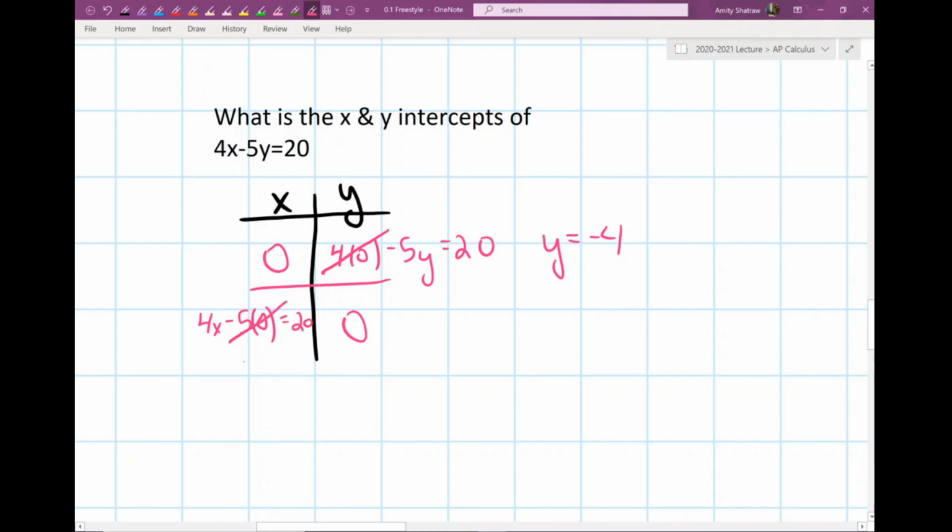Well, this disappears, and so now I have 4x equals 20. 4 times some number is 20. Isn't that number 5? Very, very easy, simple trick. So you have identified here the x-intercept, and you have identified here the y-intercept.